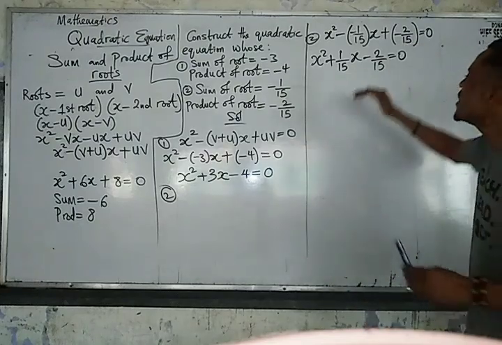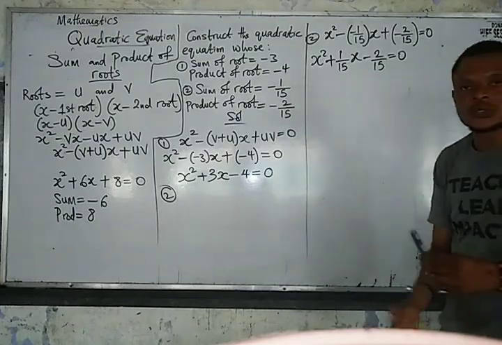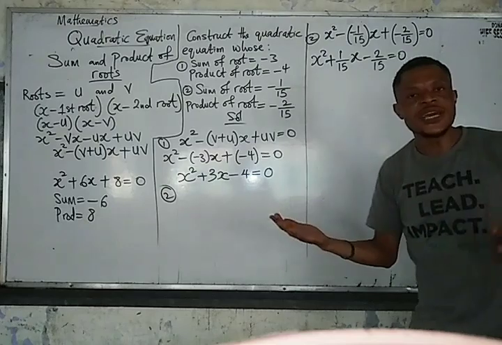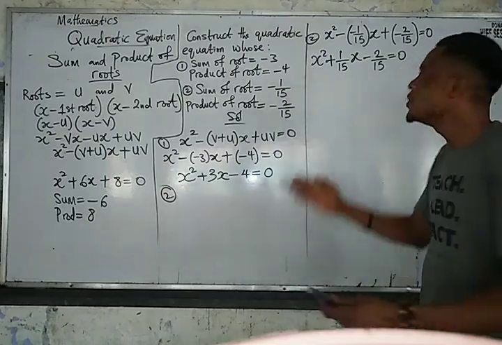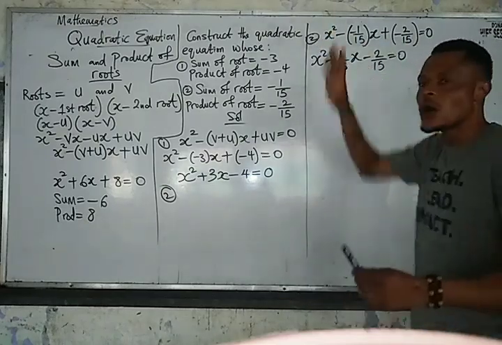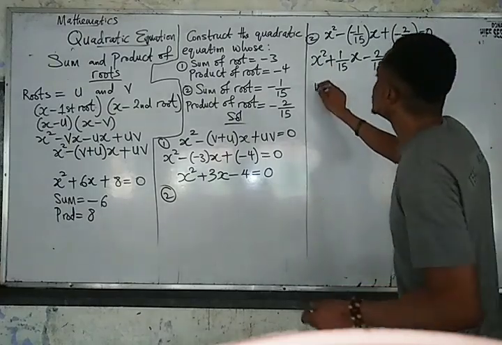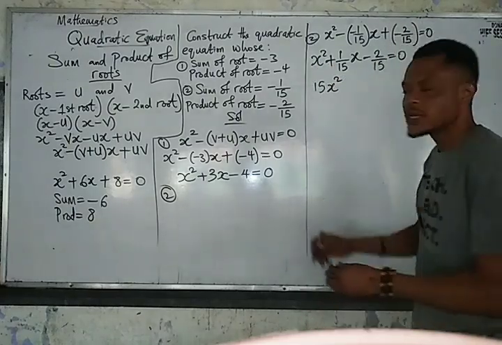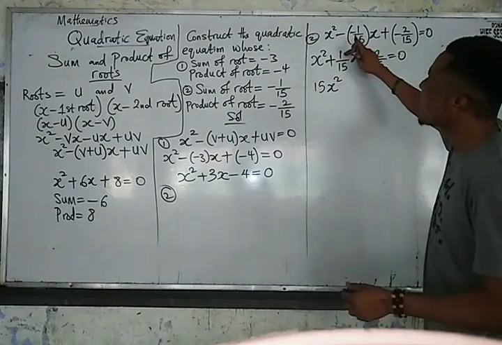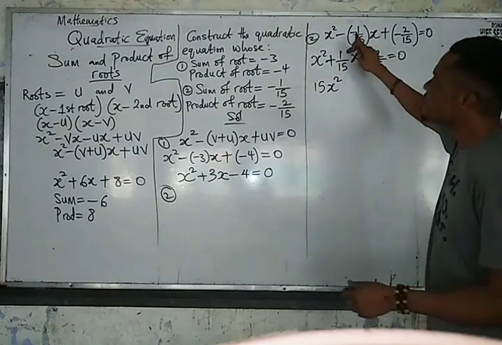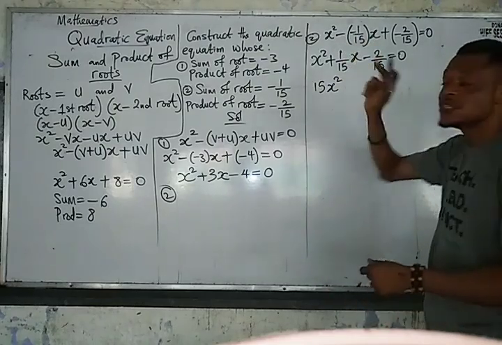So in order to prevent this from being a fraction, we get the LCM. Fortunately, the denominators here are the same. We just multiply all the numerators by 15. So by the time you multiply this x squared by 15, you have 15x squared. By the time you multiply the 1 by 15, you have 15. 15 divided by 15, you have 1.